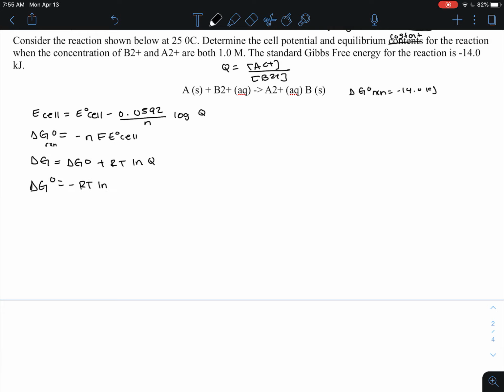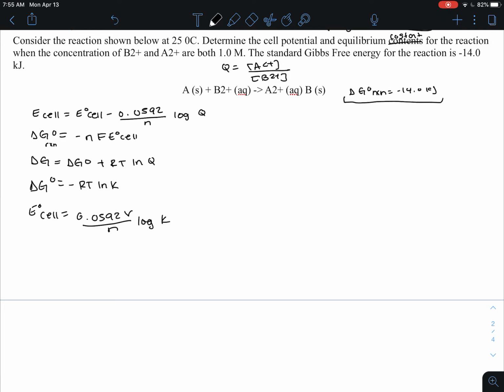Delta G standard is equal to negative RT ln K. And we also know that the cell potential is equal to 0.0592 volts over N log K.